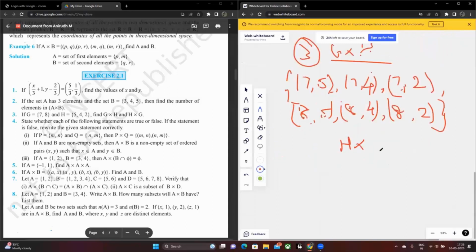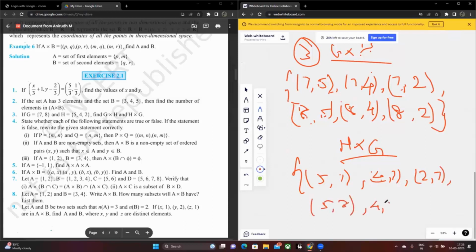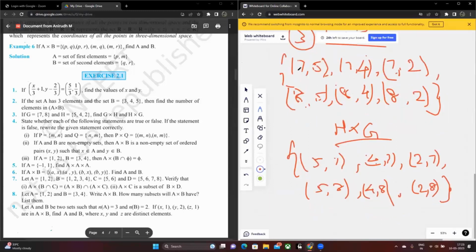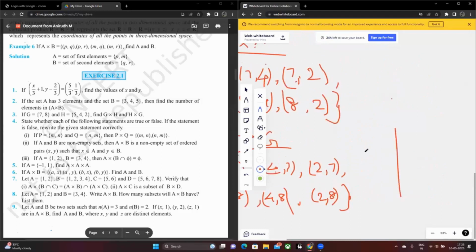And for H cross G, you have the set of elements (5,7), (4,7), (2,7), and (5,8), (4,8), and (2,8). It's very easy to see that (7,5) is not equal to (5,7).